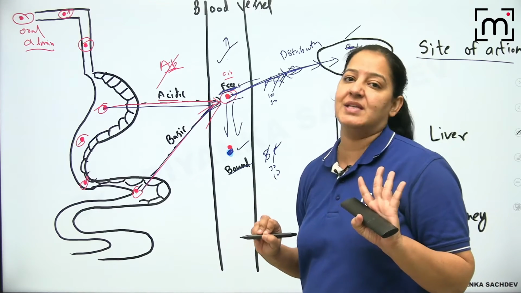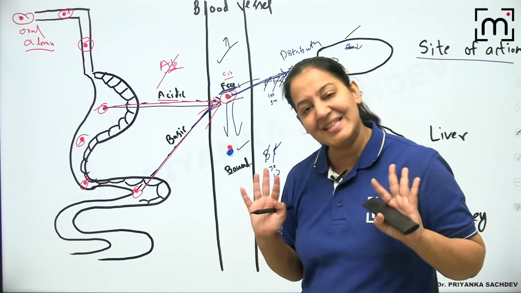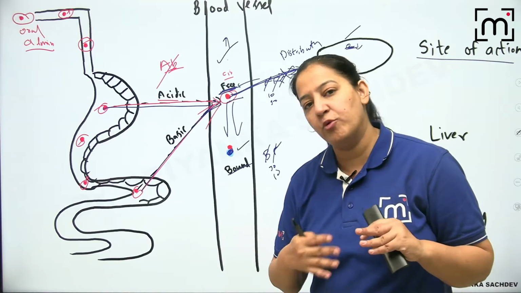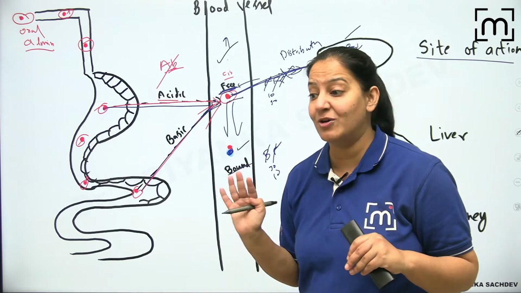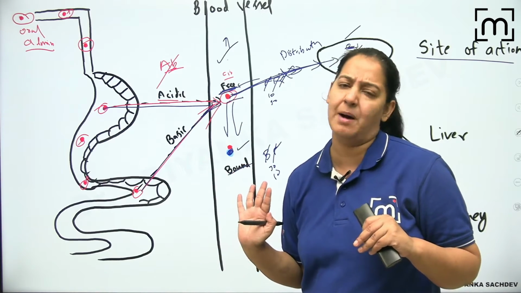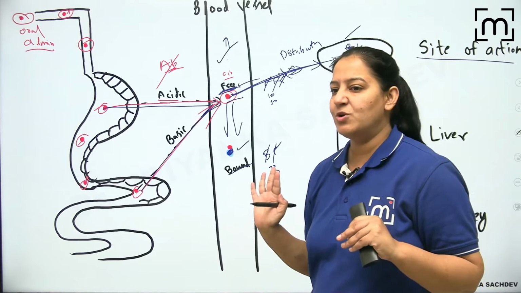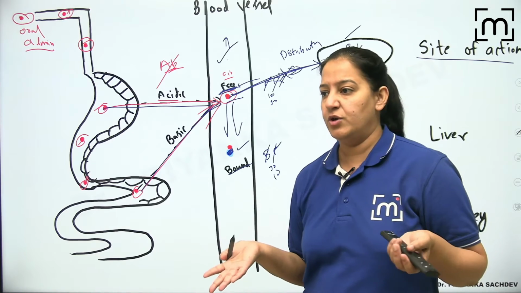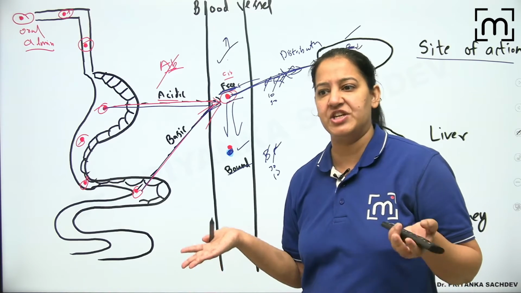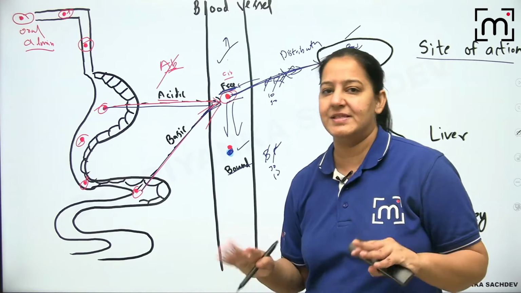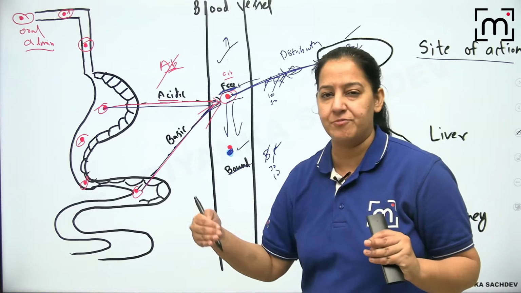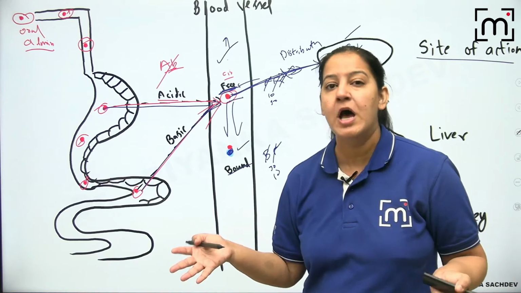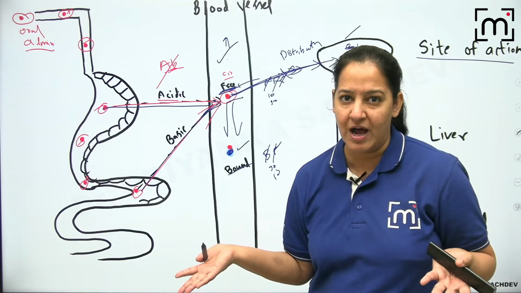Understand all this well. If your basic concepts are strong, then the whole of pharmacology ahead is fun, right? Pharmacology is like mathematics. I always give this example to my students. In mathematics you don't learn the answers of every question. Whenever you are given addition, subtraction, multiplication, anything, you know the basic rules: how to add, how to subtract, how to multiply, how to divide, what the theorems are, how to apply the formulas, right?